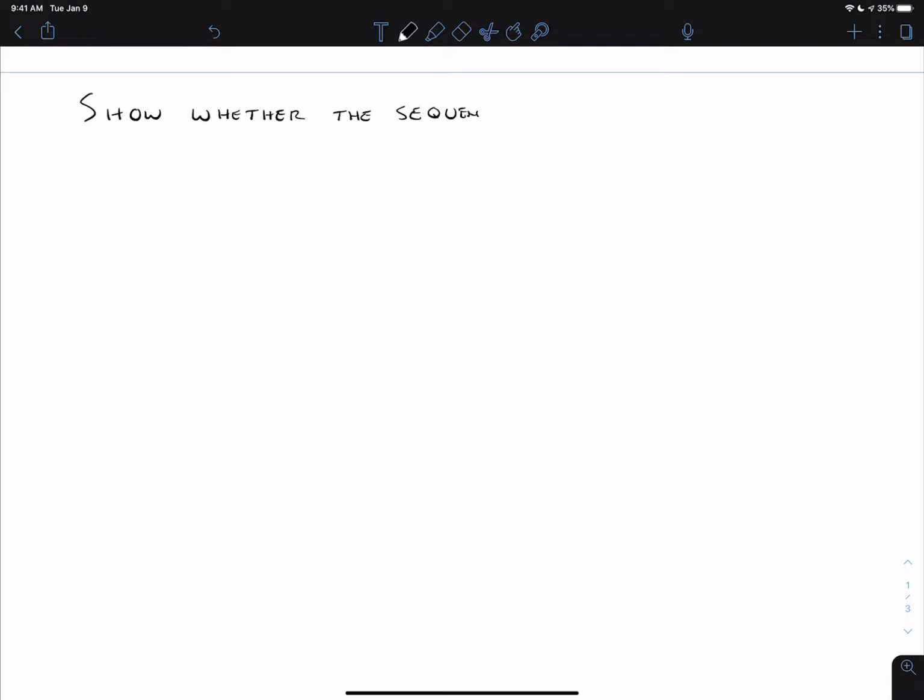And we're not going to do formal proofs, but we're going to give an explanation as to why the limit is what it is. And so we're going to say show whether the sequence converges or diverges, and if it converges, find its limit.